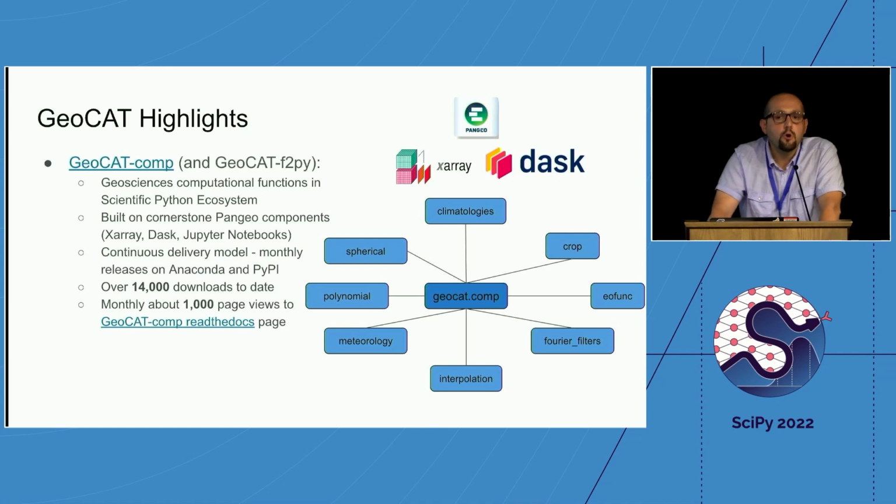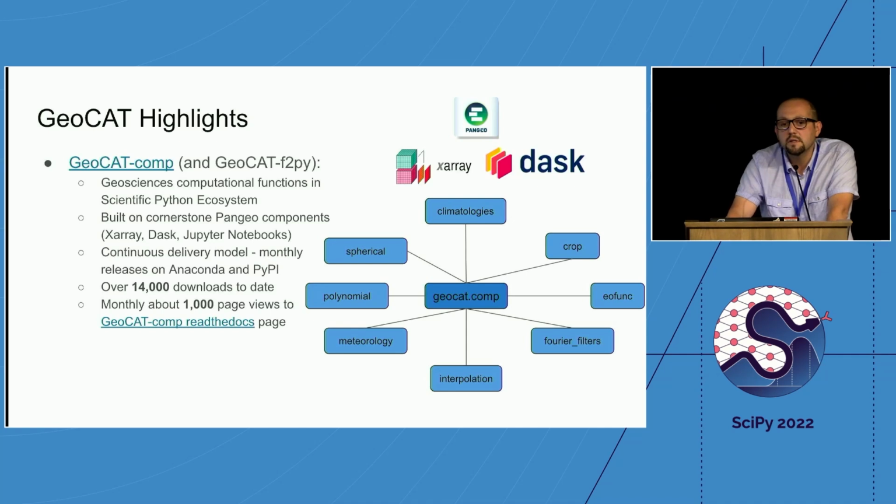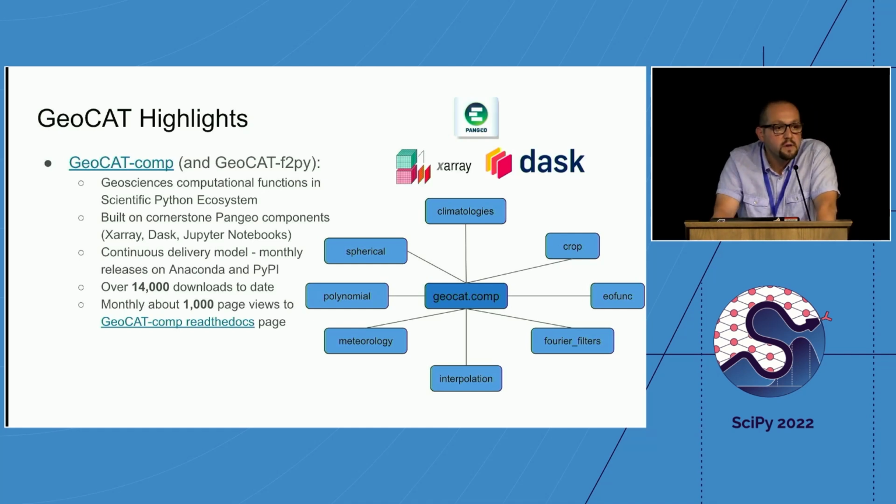Again, the computational component is heavily relying on the Pangeo packages, Xarray and Dask, and we have been employing a continuous delivery model, which is quasi-monthly for the last 2 years, to not only deliver whatever functions we are implementing as soon as possible, but also address in a monthly resolution the user feedback and bugs issued.